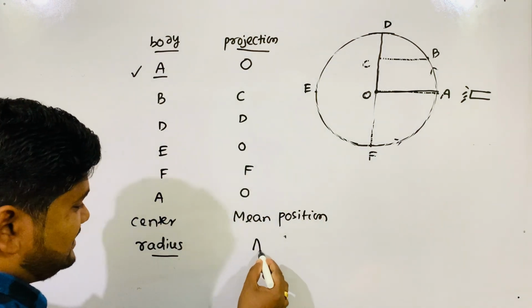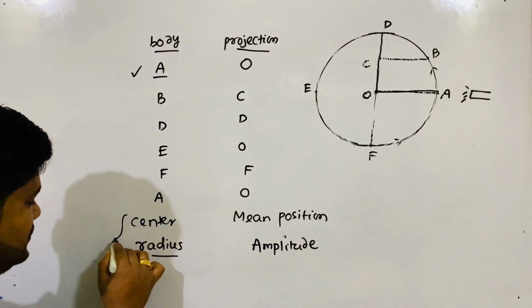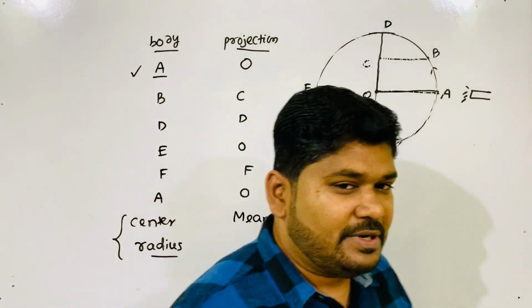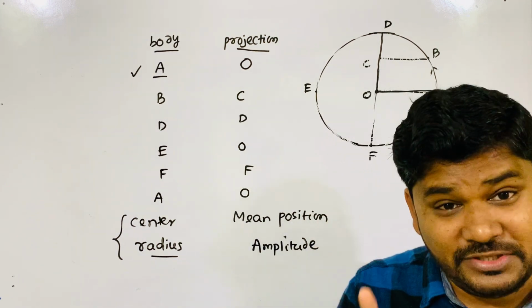So the radius is the same as the amplitude. So these are the two analogies between uniform circular motion and SHM.